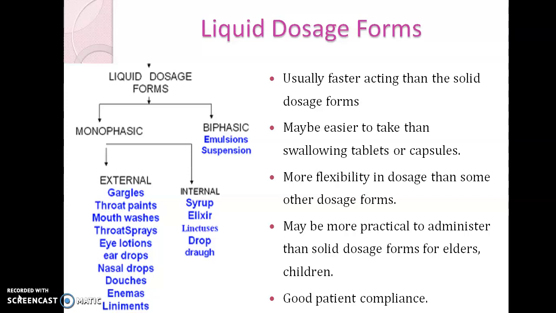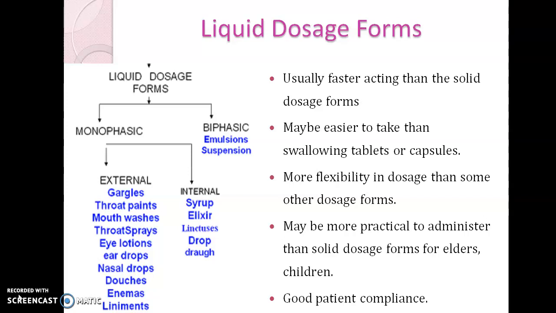Monophasic are further divided into external and internal. Most of them are solutions. In external, they are gargles, mouthwashes, throat paints, throat sprays, eye lotions, eye drops, nasal drops, enemas, liniments, and lotions.